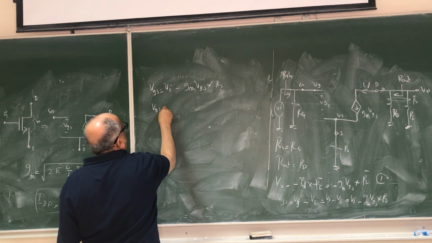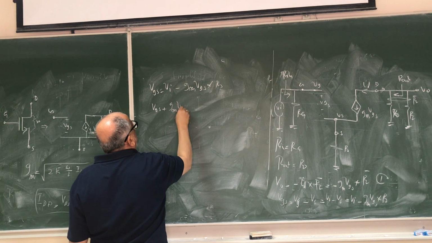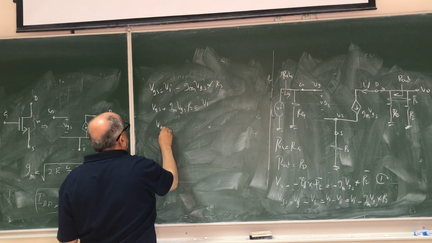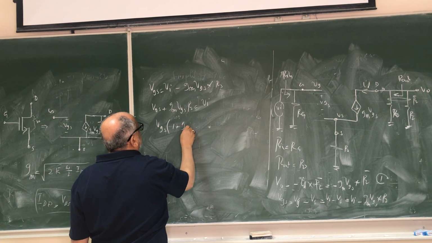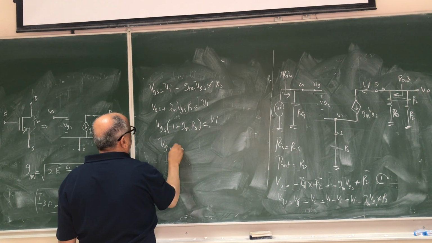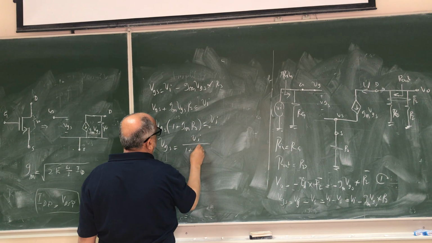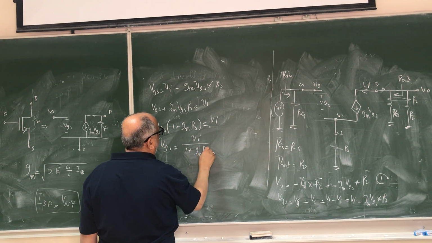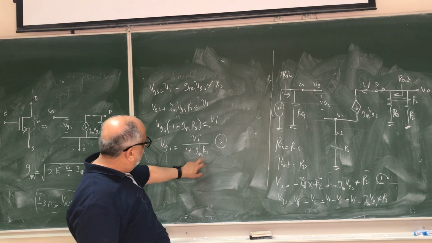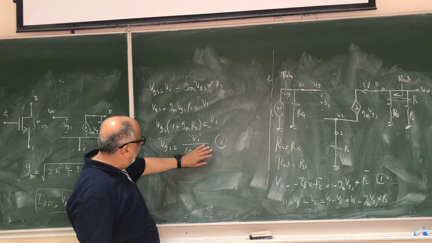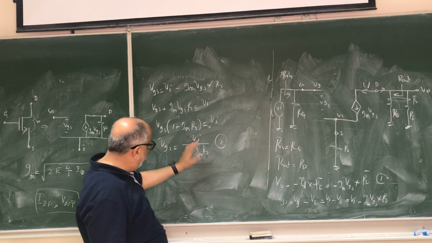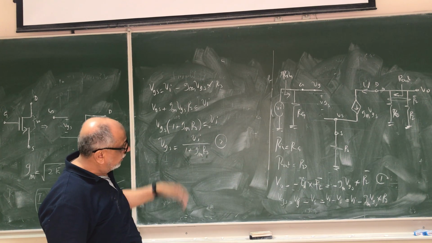So VGS plus GM VGS RS equal to VI, or VGS (1 plus GM RS) equal to VI, or VGS equal to VI over 1 plus GM RS. So this is my equation number 2. So we can see here the effect of RS. If RS were not there, this becomes 0 and VGS equal to VI. But since it is there, it means it will degrade our gain, to reduce the gain.